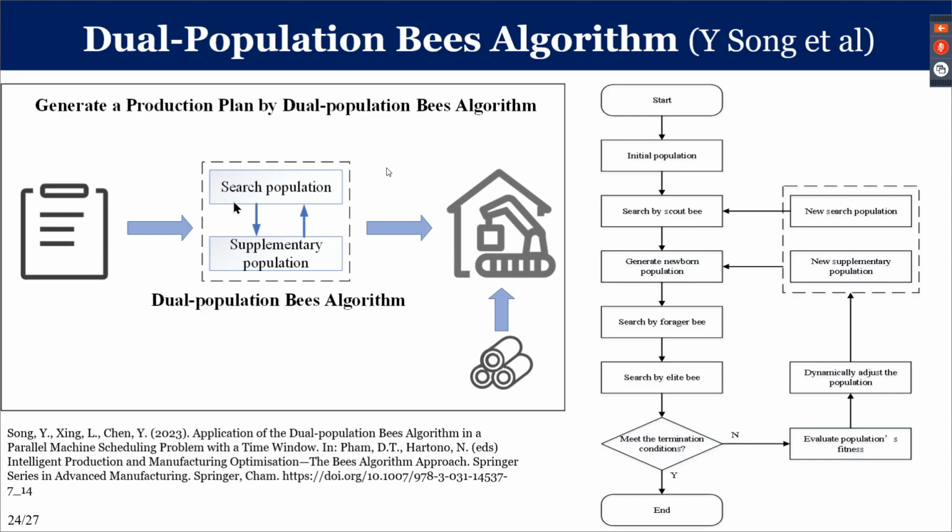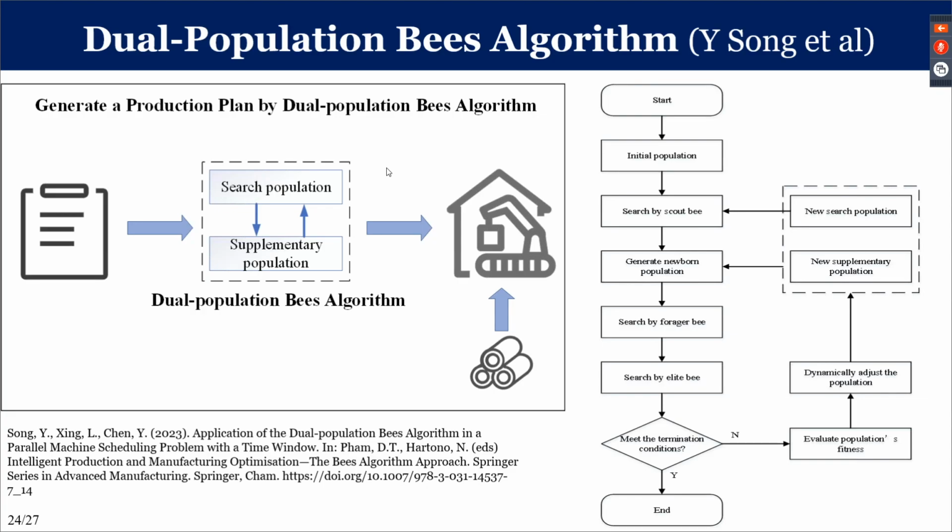The below average bees are kept in the population in order to increase diversity. Bees in the search population can be demoted to the supplementary population if their performance falls below the average.